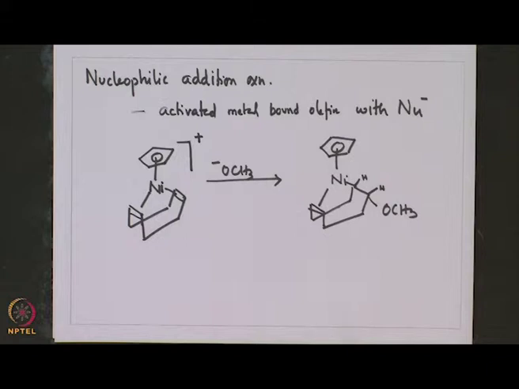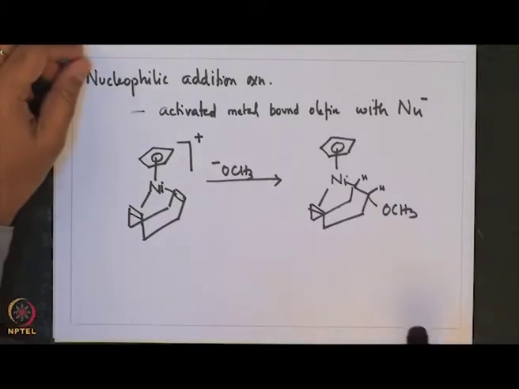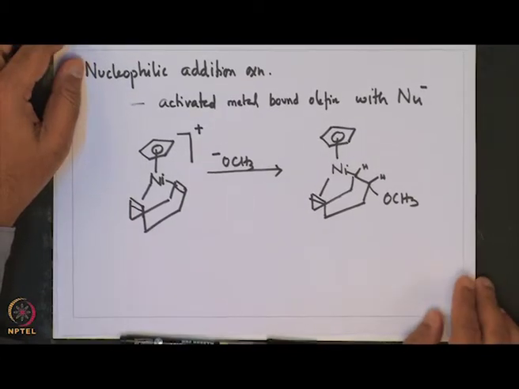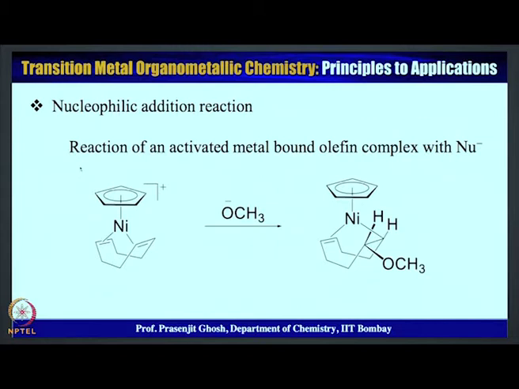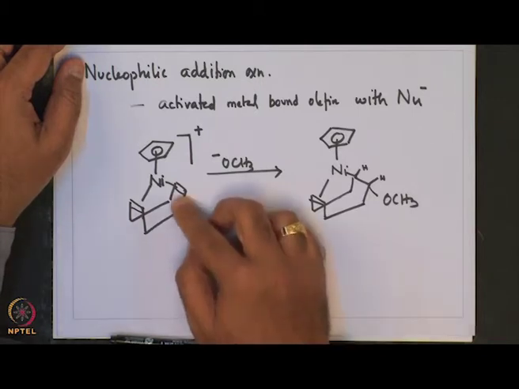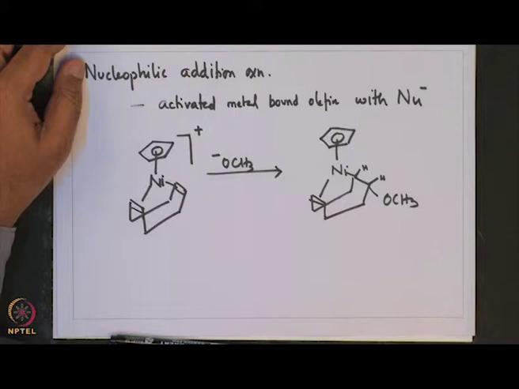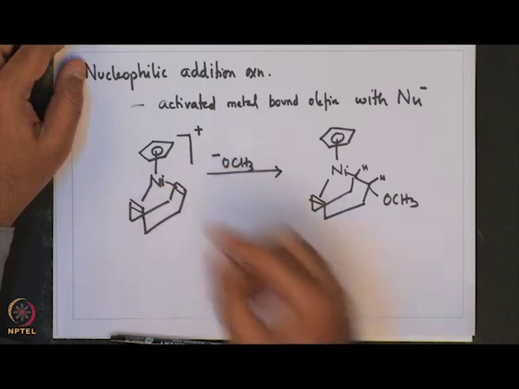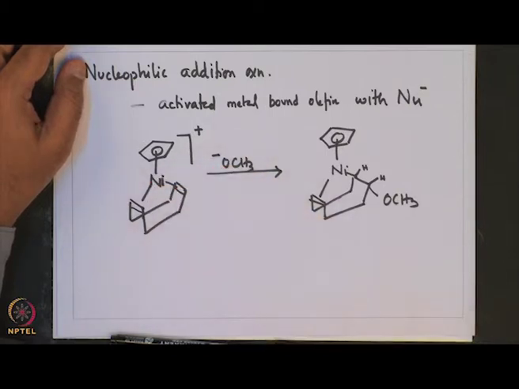The next reaction that we are going to talk about is nucleophilic addition reaction. This reaction is a reaction between an activated metal bound olefin with a nucleophile. For example, in this cationic nickel Cp star diolefin complex, the olefin being bound to nickel is activated, in the sense that the electron density on the olefinic pi cloud gets transferred over to the metal.